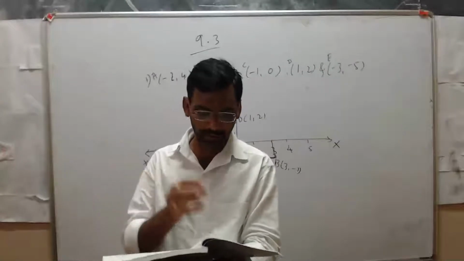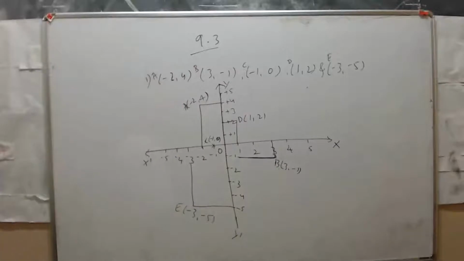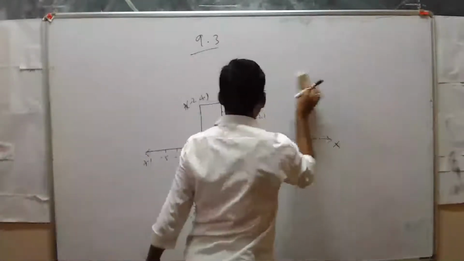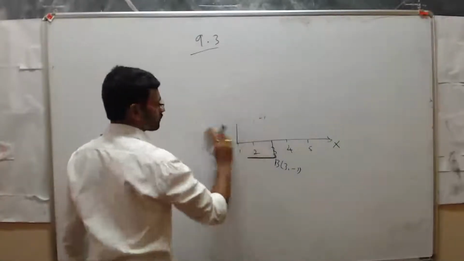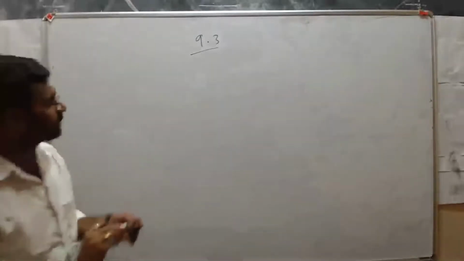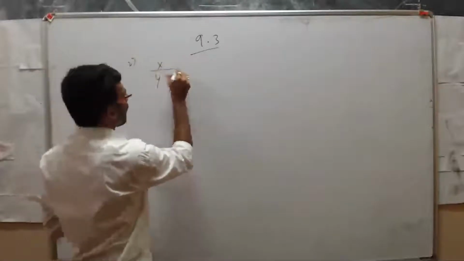Then we have to represent these points on the Cartesian plane. Second one, x, y.